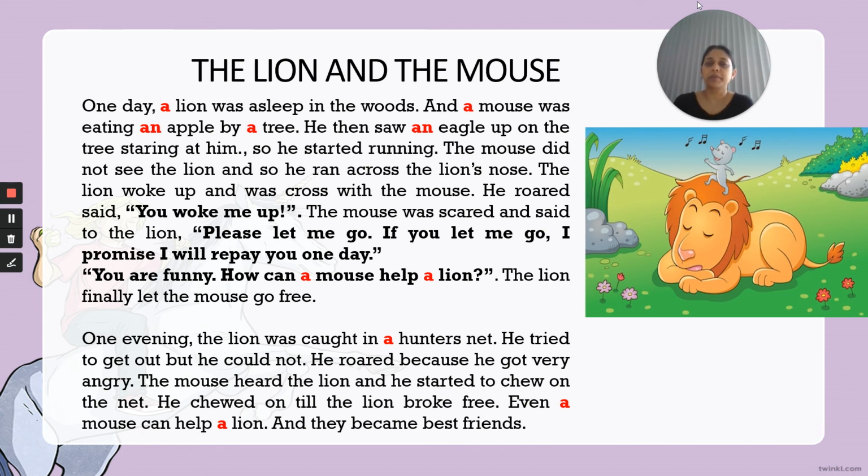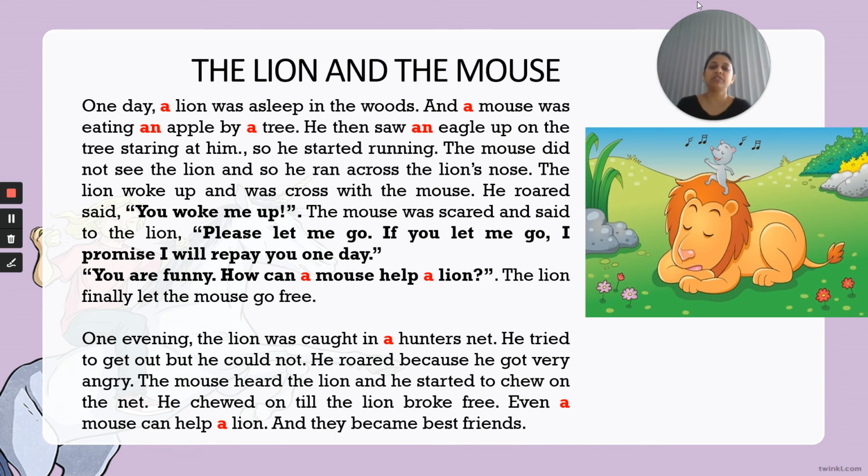The lion woke up and was really cross with the mouse. He roared and said, "You woke me up." The mouse was really scared and said to the lion, "Please let me go. If you let me go, I promise I will repay you one day." "You're funny. How can a mouse help a lion?" The lion finally let the mouse go.